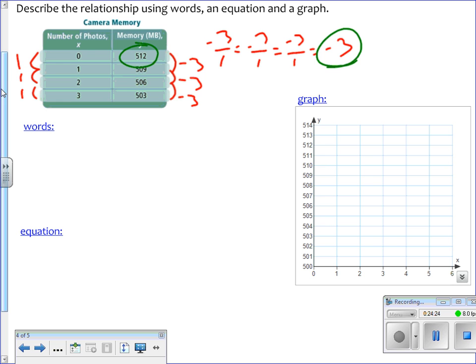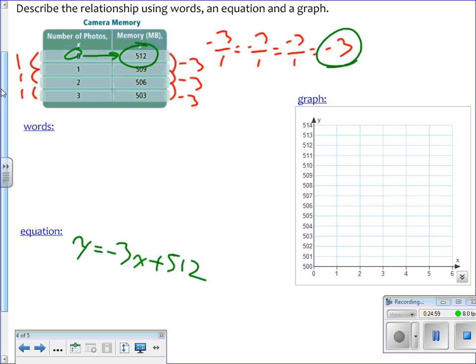Okay? It's going to be y equals. How much did I change by each time on the y? When I divided it out, what did I get? -3. So it's going to be y equals -3 times x, and then when x is 0, plus whatever number goes with 0 in the table. That's my equation. Okay.